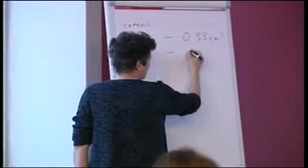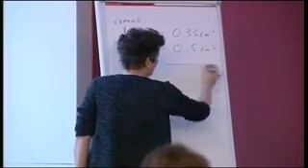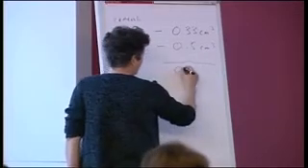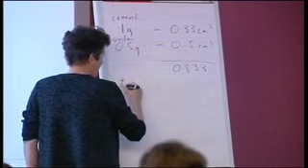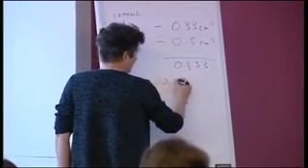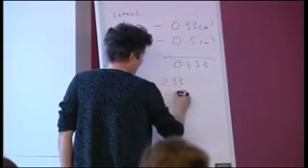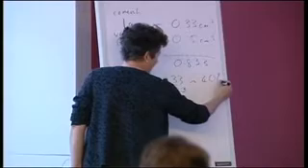And the volume of that is 0.5 centimeter cubed. So the total volume we have is 0.83. And therefore, the percent of solid in terms of volume is 0.33 divided by 0.83, which is around 40%. Okay?